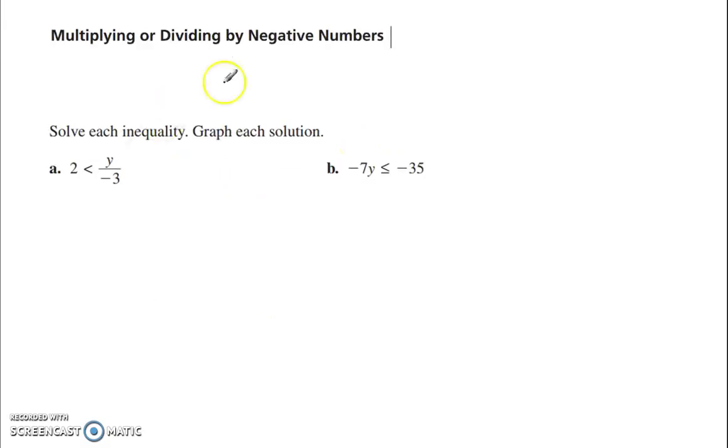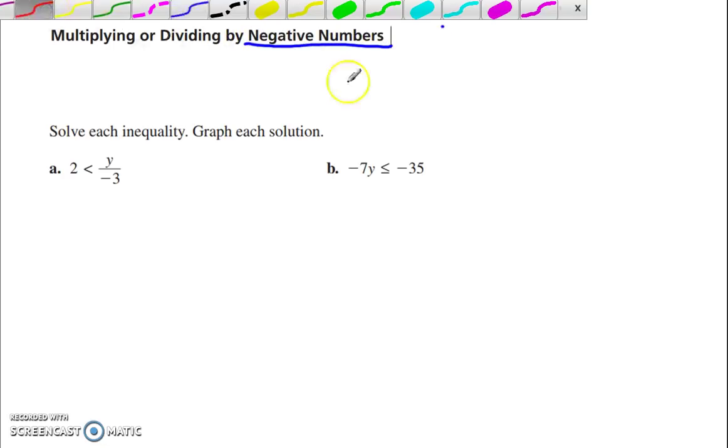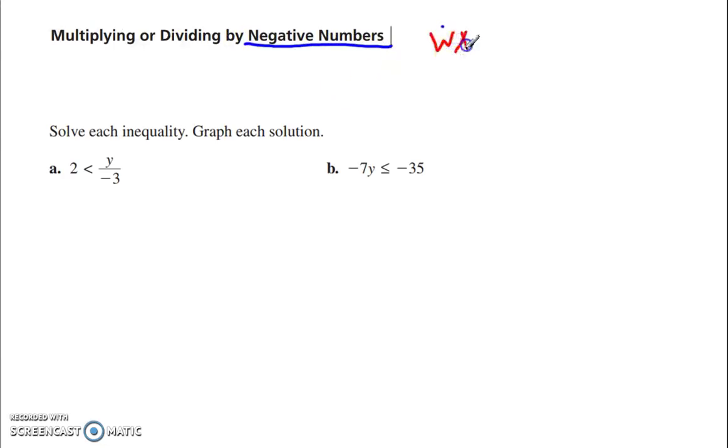Now, if you're multiplying or dividing by negative numbers, warning, warning, please mark this. This is the one time when solving an inequality is different from solving an equation. Flip the sign.